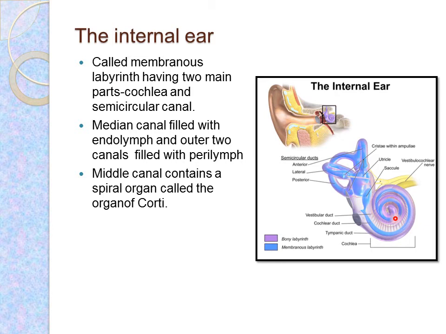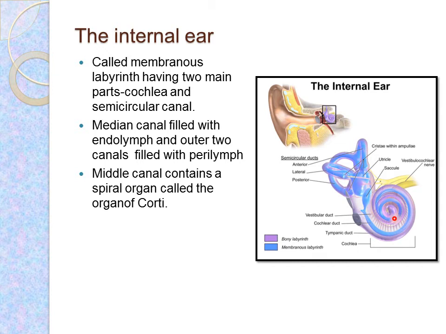They can be damaged by exposure to high intensity sounds, like when you are hearing a loud sound like jet planes or loud music. The hair cells are damaged, and then the person will not be able to hear properly. So these are very sensitive cells which are present in this organ of Corti.